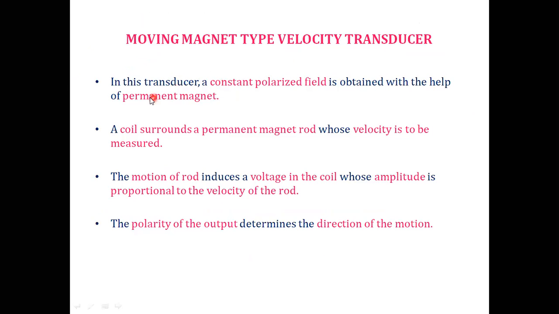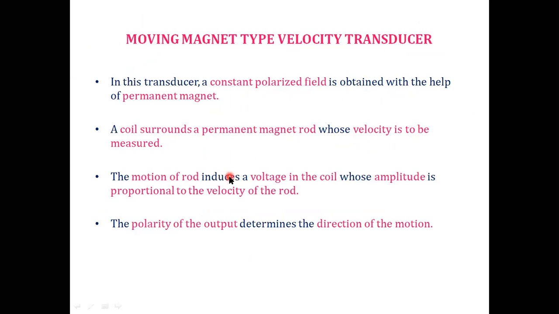Next one. In this transducer, a constant polarized field is obtained with the help of a permanent magnet. A coil surrounds a permanent magnet rod whose velocity is to be measured.